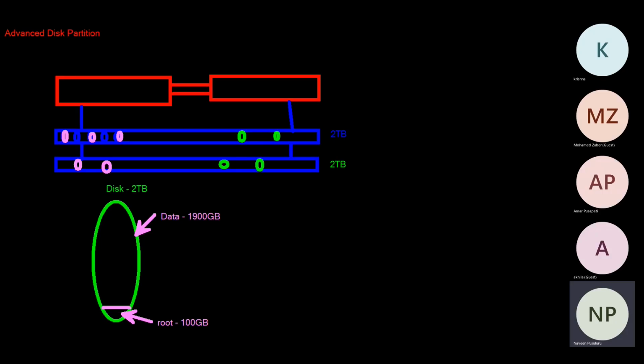Let's assume the green ones are controller 2, I'm just giving an example. With these 5 disks, it is going to create a storage pool. Will it utilize the entire space on the 5 disks? No. It is going to utilize only the root partition of the disk.